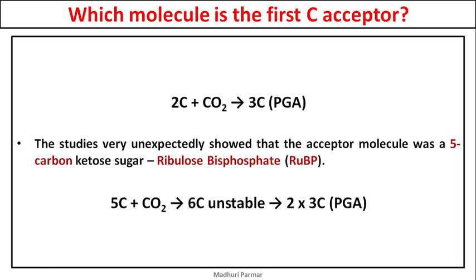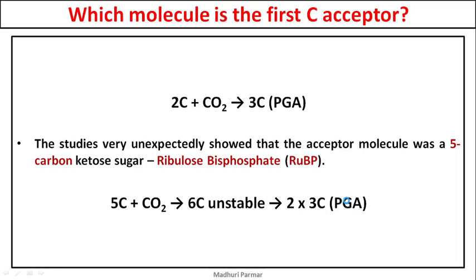It will directly break down into 3 carbon compounds. So 5 carbon ribulose bisphosphate accepts carbon dioxide and becomes a 6 carbon unstable product. This 6 carbon product will directly break down into 2 molecules of 3 carbon product, which is phosphoglyceric acid.